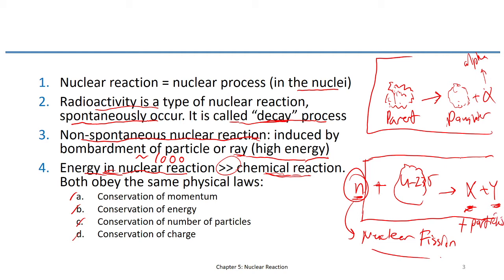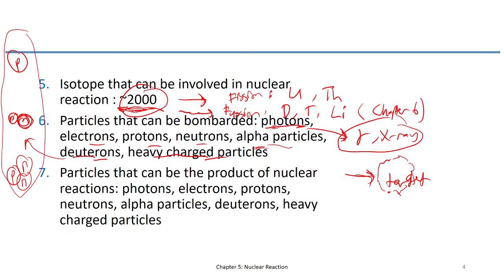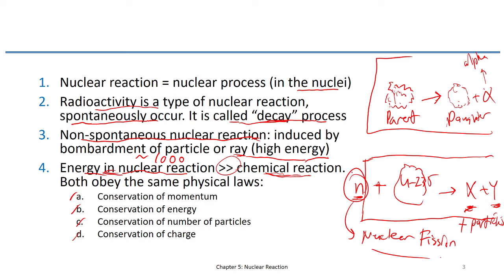So the product could be X nucleus, Y nucleus, as well as particles. Meaning that for the reaction, you bombard a particle onto the target nucleus, and you get product nuclei as well as particles. So you have particles coming in as well as particles coming out.